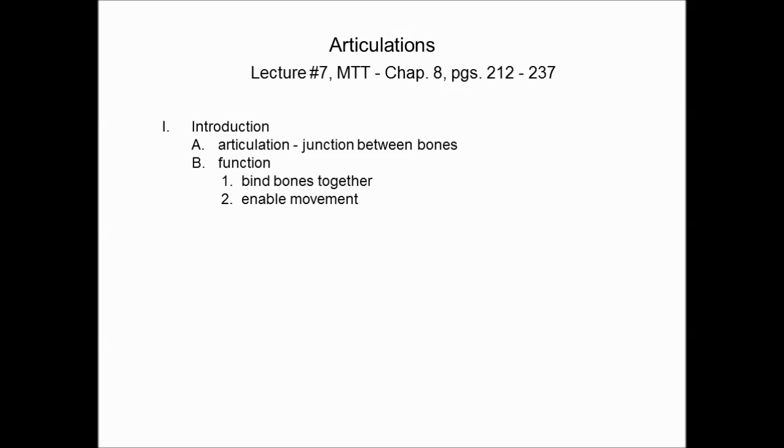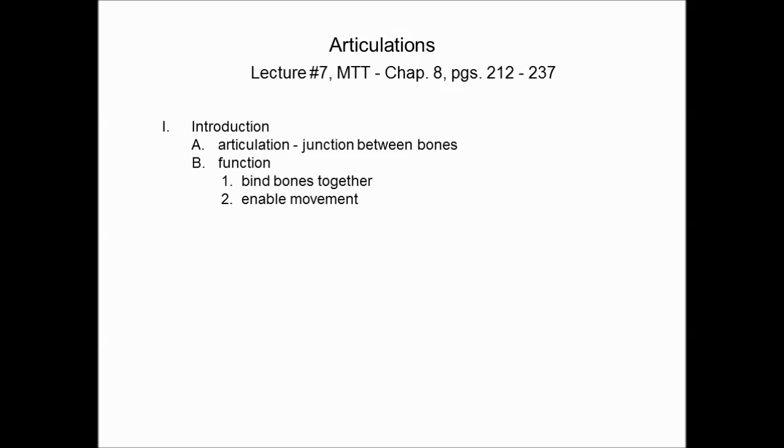Okay, this material comes from Chapter 7 in the anatomy book, and every good human anatomy book has a chapter on articulations. It's a very important subject. Articulations, we usually think of as bendable joints, but in terms of anatomists, they don't necessarily have to move.